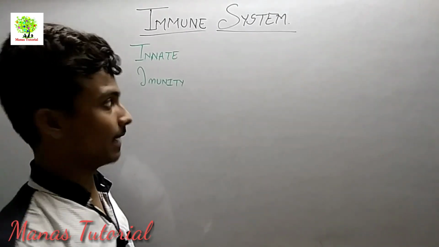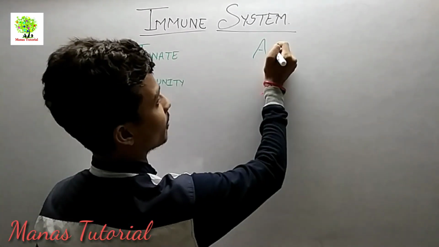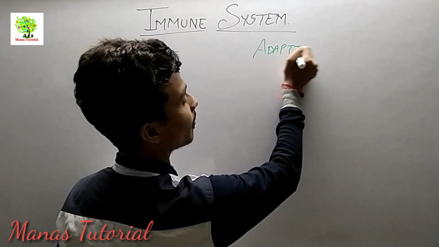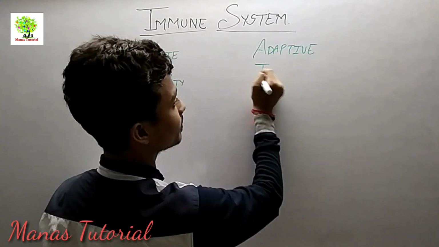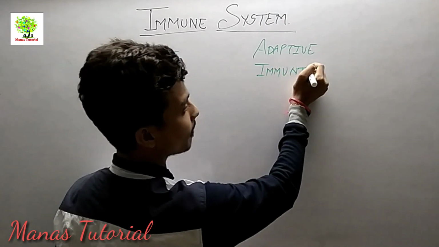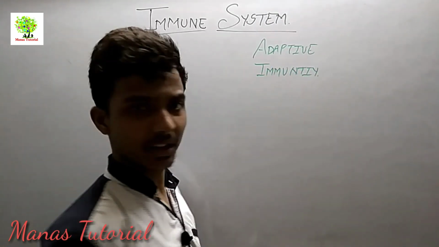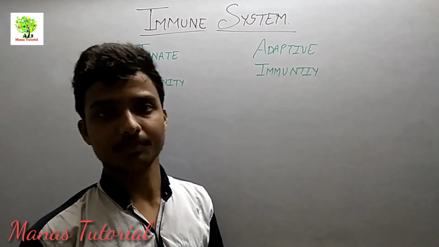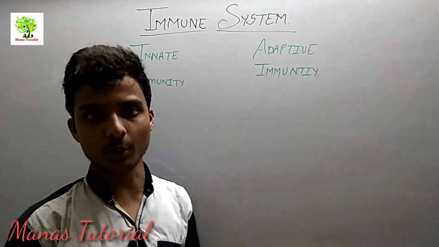And the other type is known as acquired or adaptive immunity. Innate immunity and adaptive immunity are two different types of immunity.